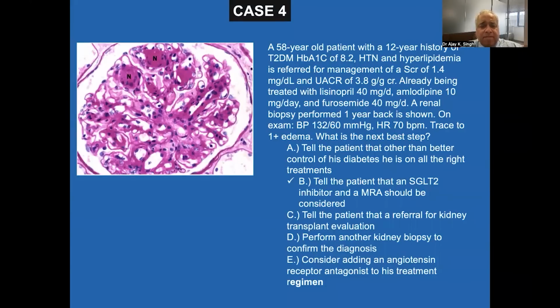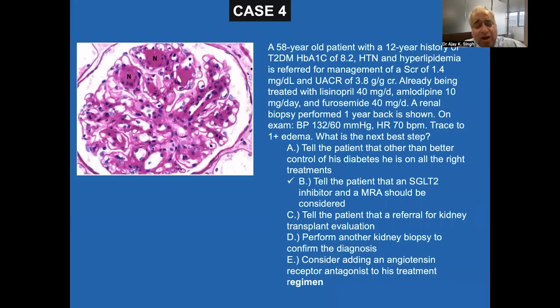And so what you see on the left-hand side is a nodular glomerular disease process, and this is a patient with diabetic kidney disease. And so the best treatment for this patient is further and more aggressive control of both diabetes and blood pressure and managing progression of kidney disease.